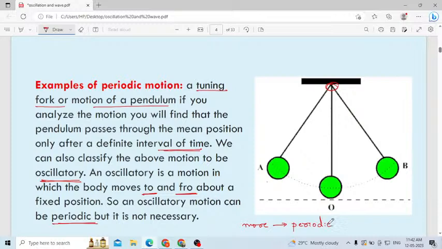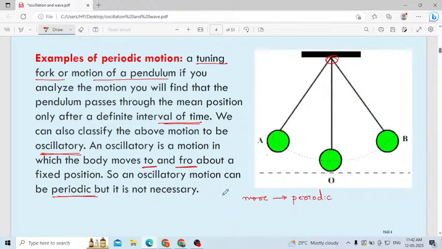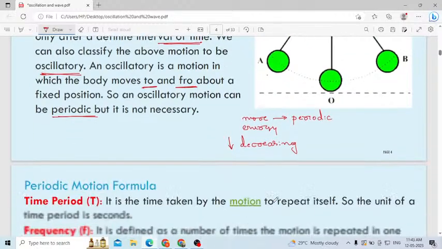But after some time, the energy starts decreasing. Because of the decreasing energy, the bob does not possess enough energy to keep the pendulum oscillating periodically. That is the important reason you have to remember. Okay, I will move to the next one now.